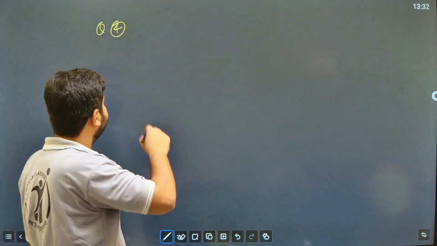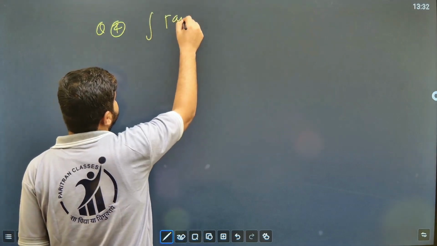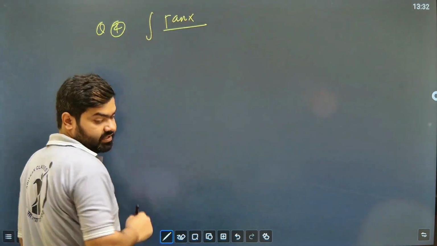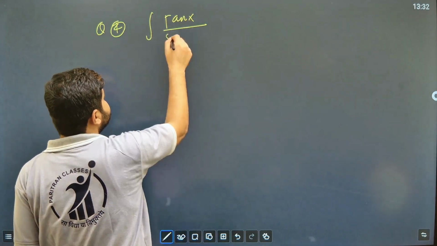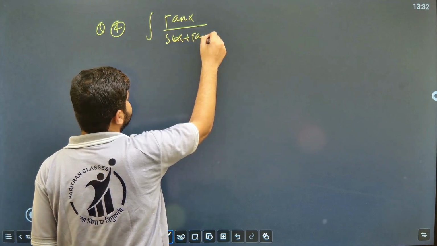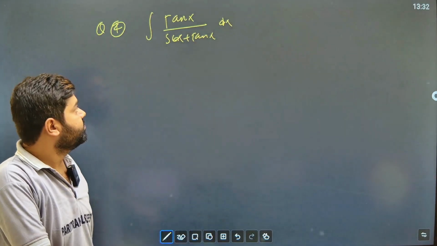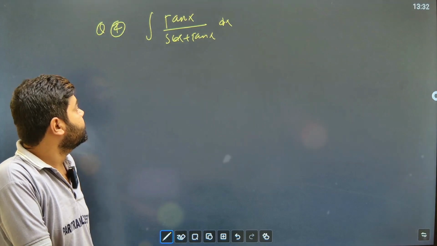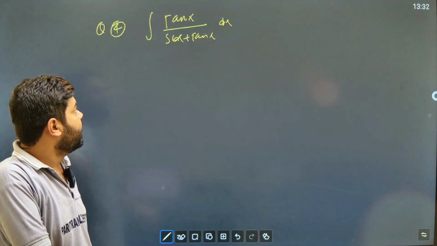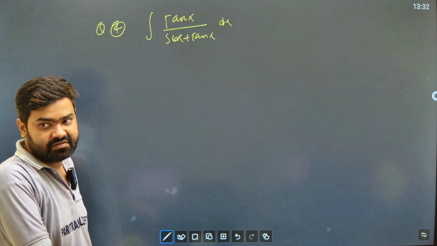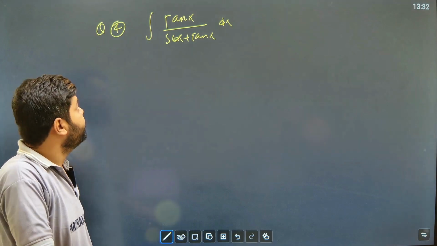So question number 4 is integration of tan x upon sec x plus tan x dx. In this question, first we have to multiply sec x minus tan x in the numerator and denominator.